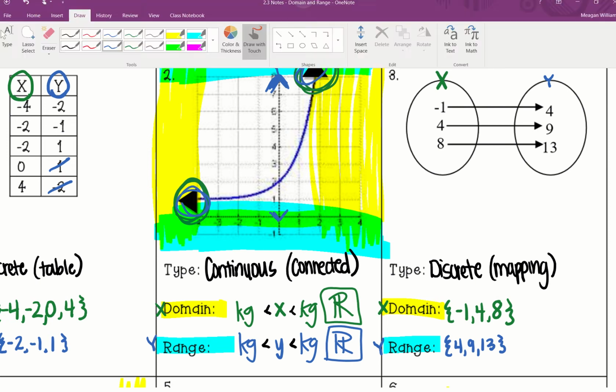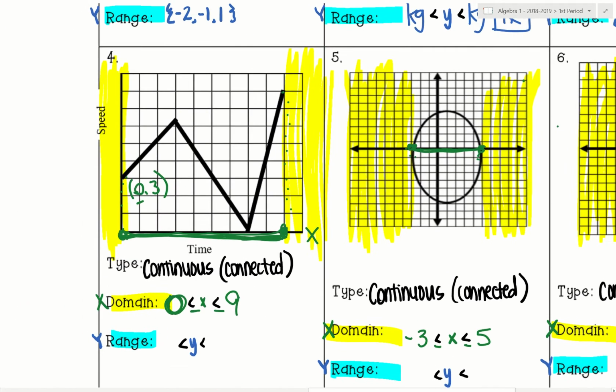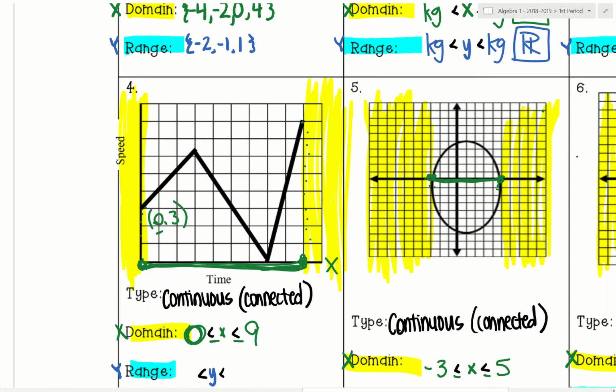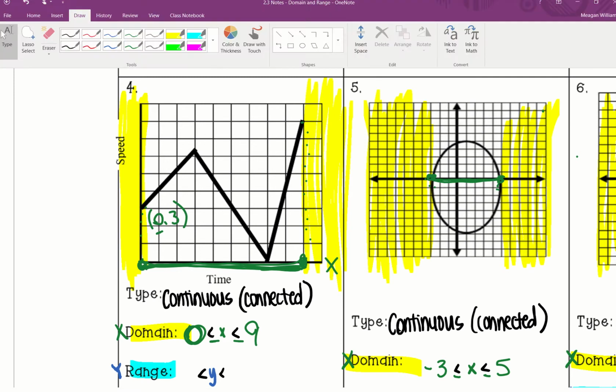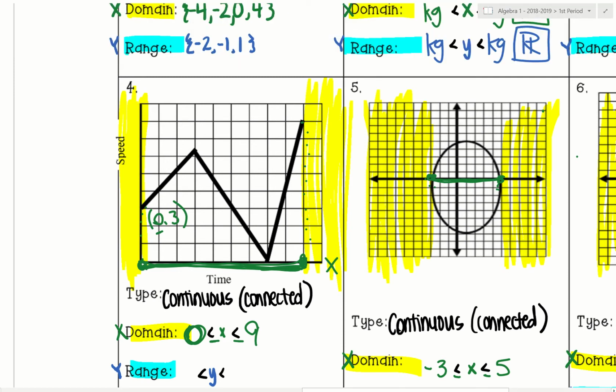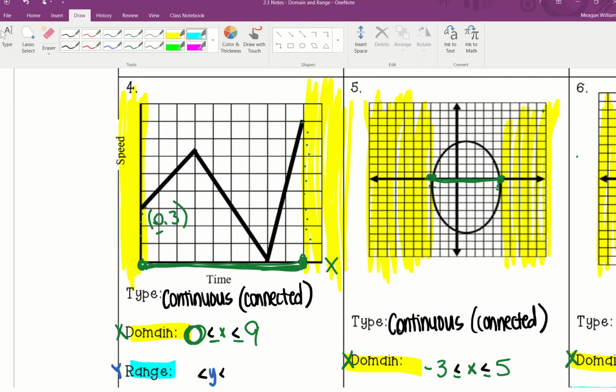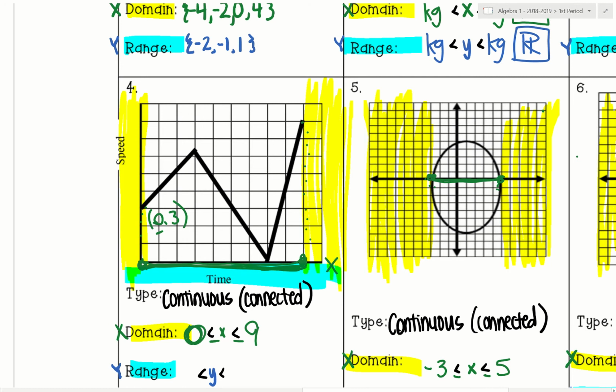Okay, let's do number 4. If you want to work ahead of me and you feel like you're confident, go ahead. Remember, we're doing the y's though, so where do I start? At the bottom. And you go till you run into the graph. Well, I ran into the graph pretty quickly right here. I'm going to move that little dot over to my y-axis though.